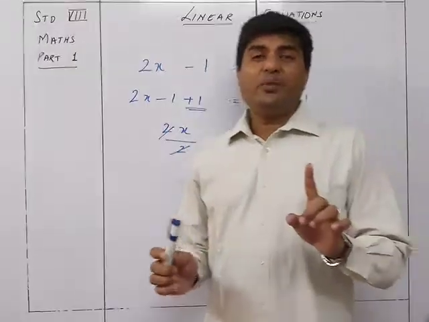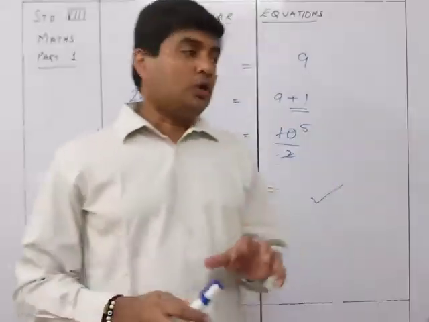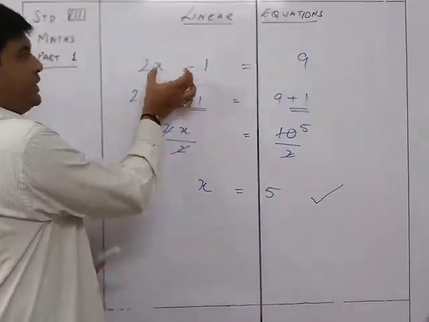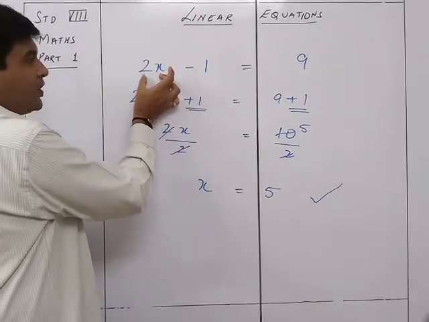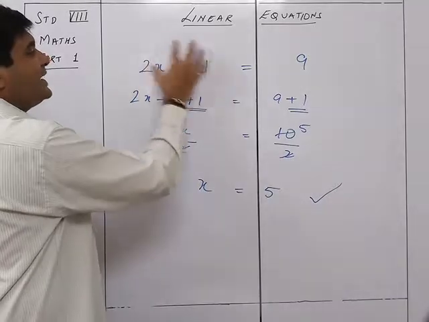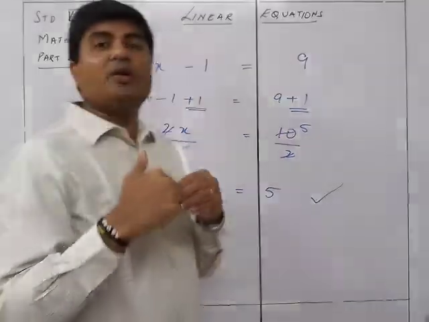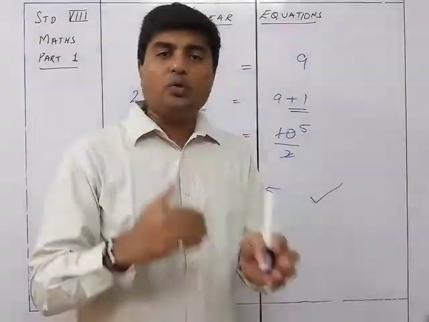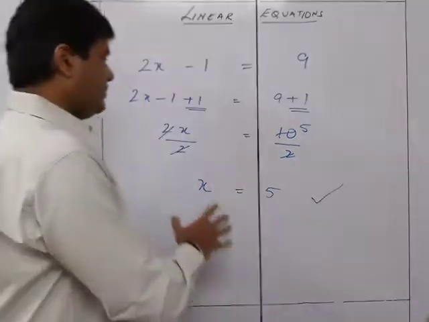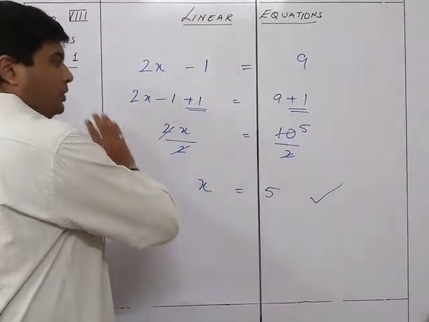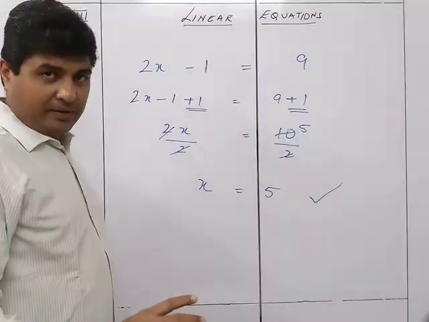So what we did was, we tried to reduce this into one simple variable, and accordingly, to remove whatever is connected with it, we are going to try to do some operations. This is one method wherein you are going to do the same thing on both the sides.